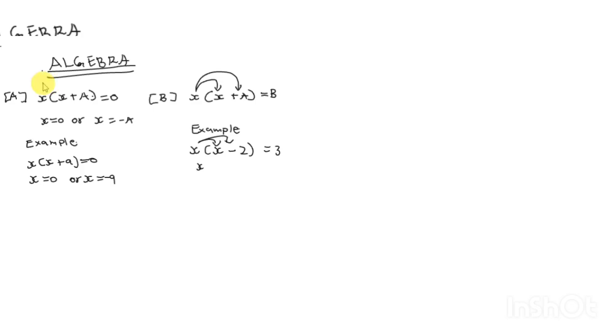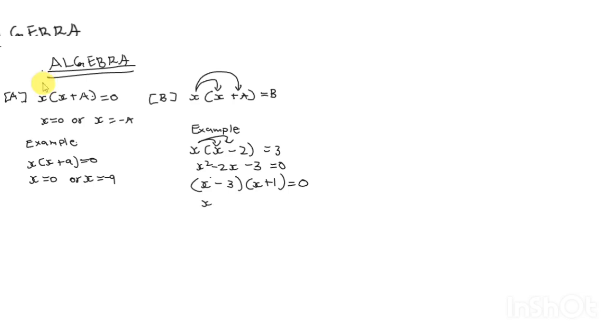So it will be x squared minus 2x and then minus 3 equals 0. Then that will be x minus 3 and then x plus 1. So if you multiply this bracket inside, it will give you whatever power is over there.